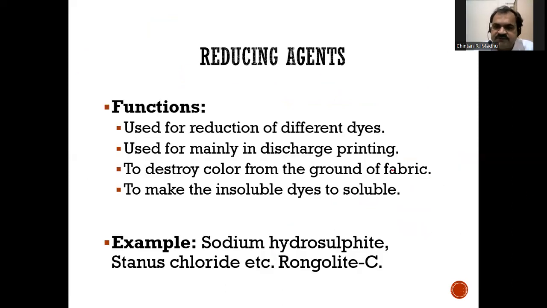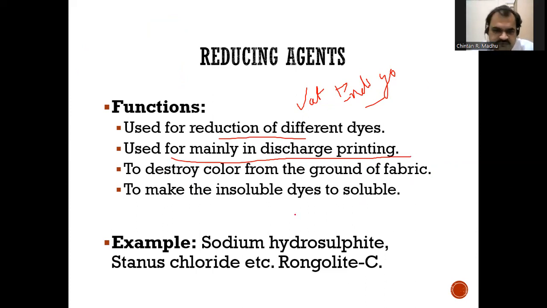So the function of reducing agent is reduction of different dyes, of course vat or indigo. Also, as we said, it is used mainly in discharge printing to destroy the color which is already on the ground and to make the insoluble dyes soluble.